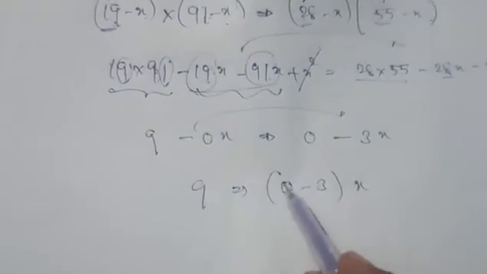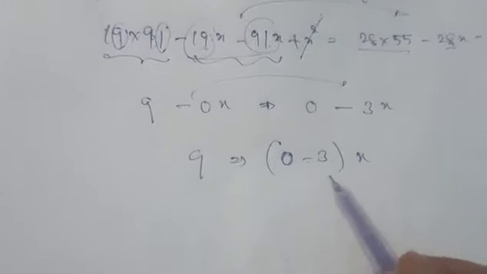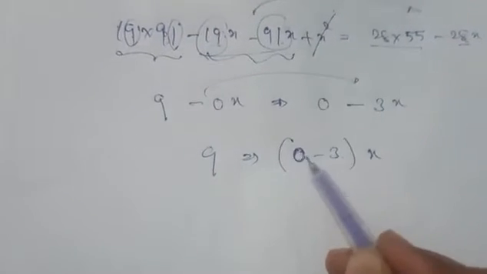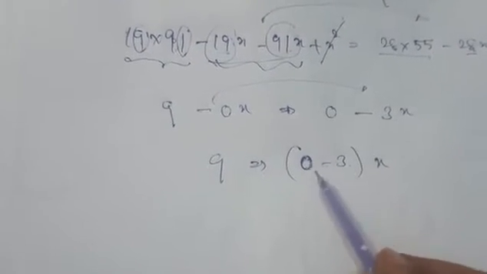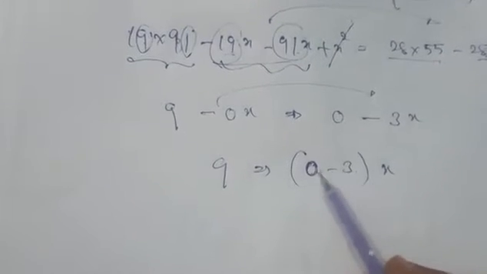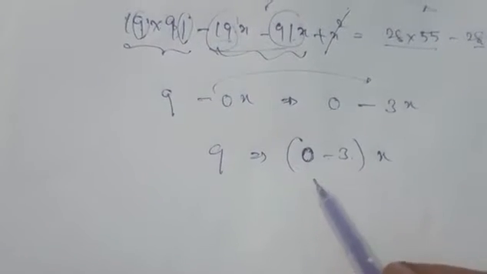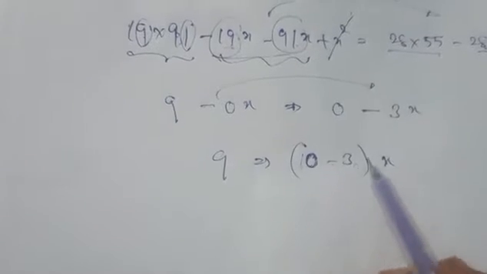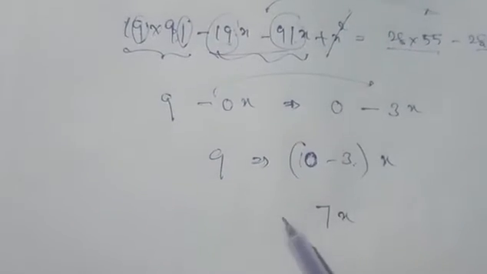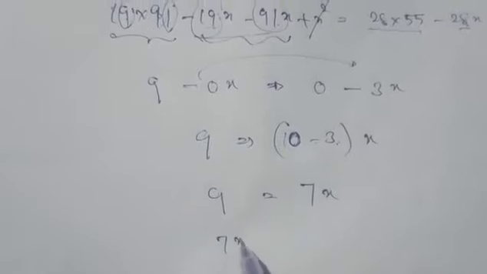We know very well that 3 cannot be subtracted from 0, but we should take one carry, then it will become 10. Meaning 10 minus 3, obviously, will give 7x. Okay, so 7x is equal to 9.